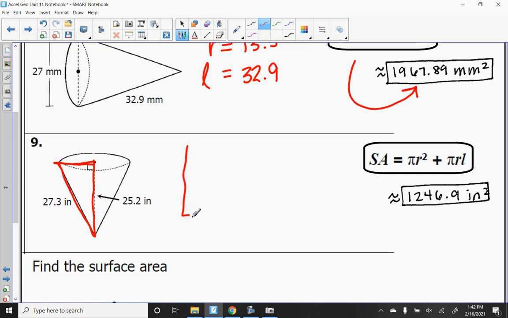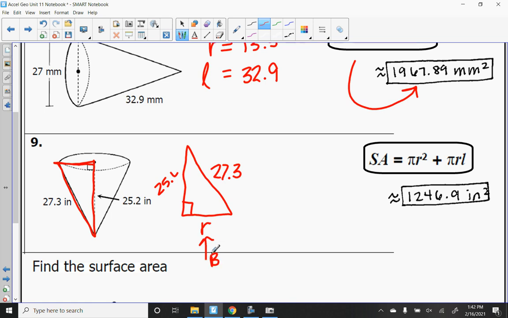And therefore, you would have to use Pythagorean theorem again to find your radius. So this would be your setup on your right triangle to use a squared plus b squared equals c squared. And radius would probably be your b in your a, b, and c formula.